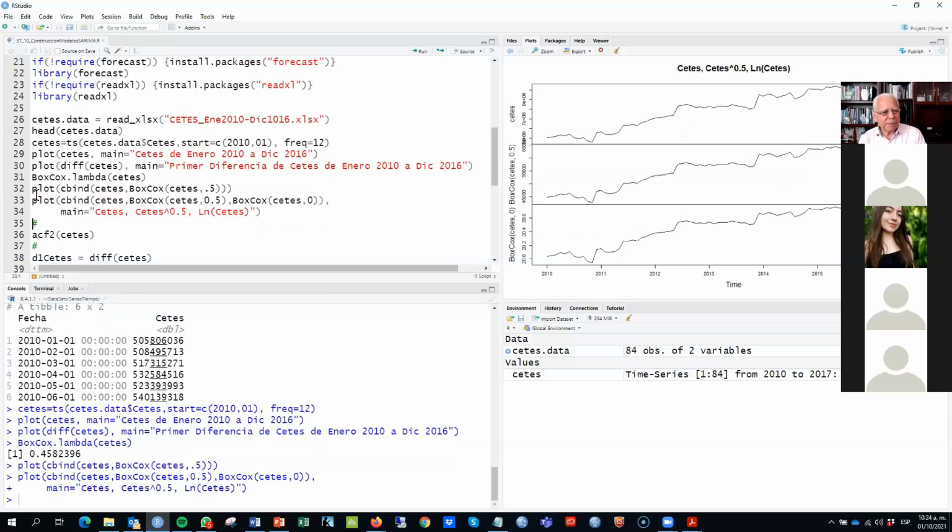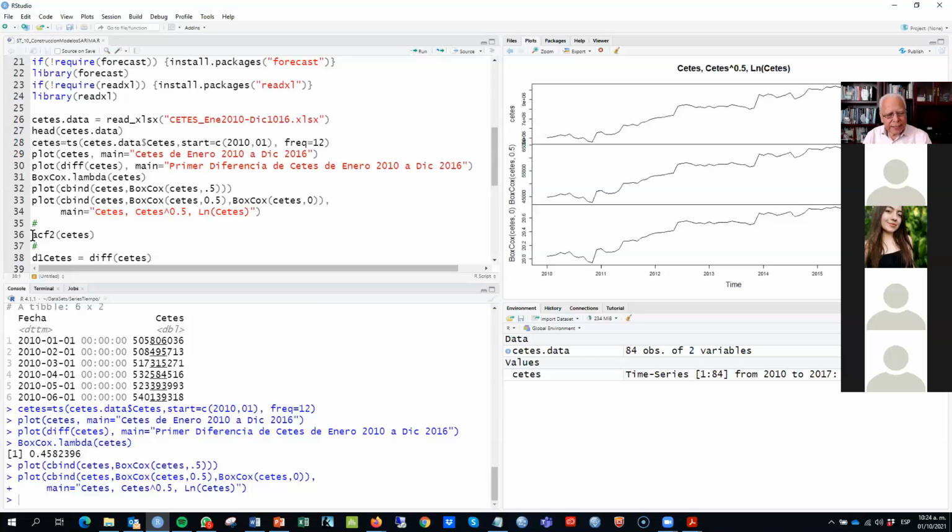I column bind the three series: the CETES, the CETES transformed with 0.5, and the CETES transformed with the logarithm. And this is where we see that there is no big difference between the three plots.